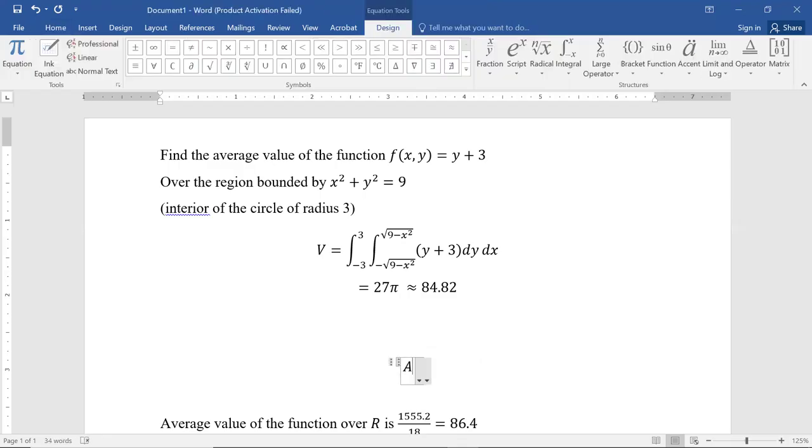Hopefully we know that the area of a circle of radius 3 is pi r squared. So if I'm really clever, I don't have to do the integration again. I could if I want to. It's not hard to do, this integration, but this is a circle of radius 3. Therefore, it's going to be pi times 3 squared. So pi times 9.